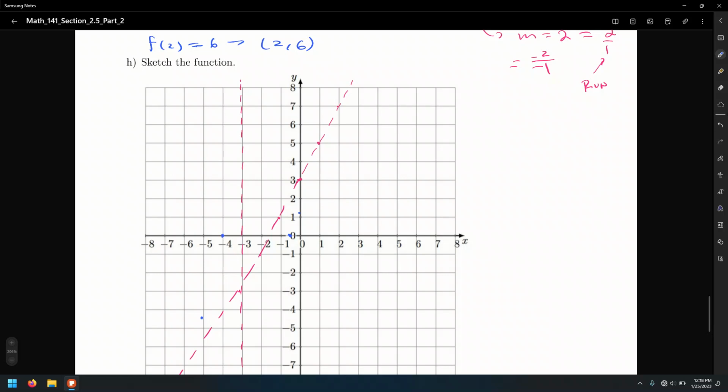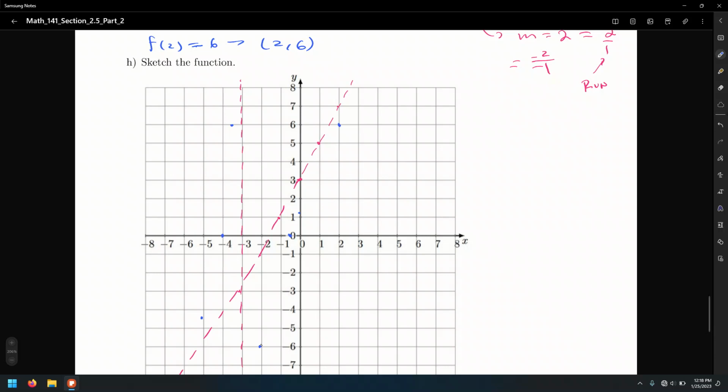And what's the other point? -3.5, -3.5, 6, and -2, -2, -6, and 2, 6. So I think we already have all the required information to graph this.